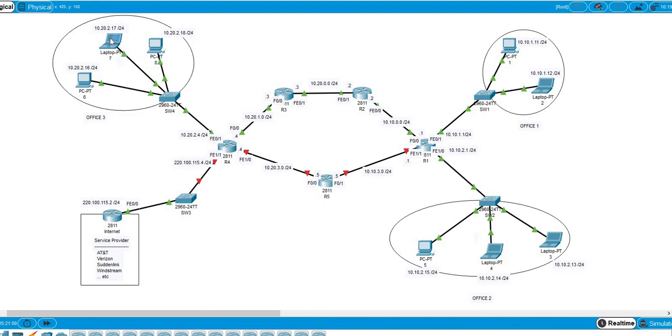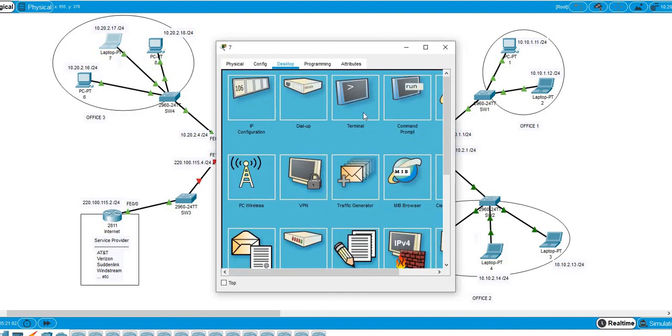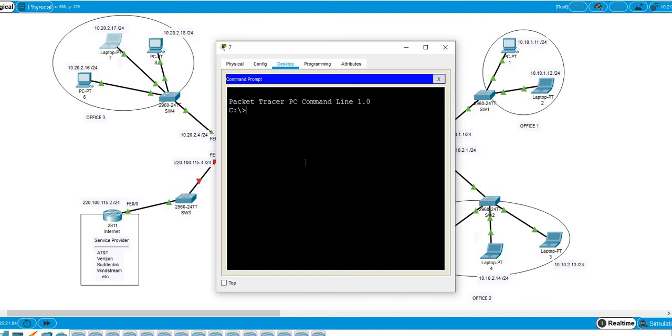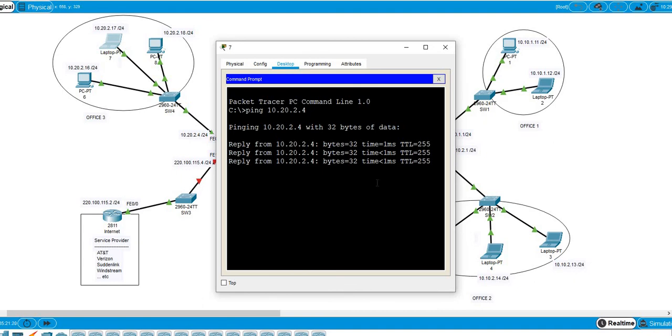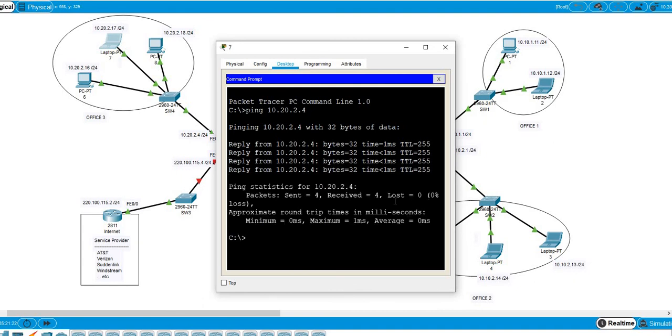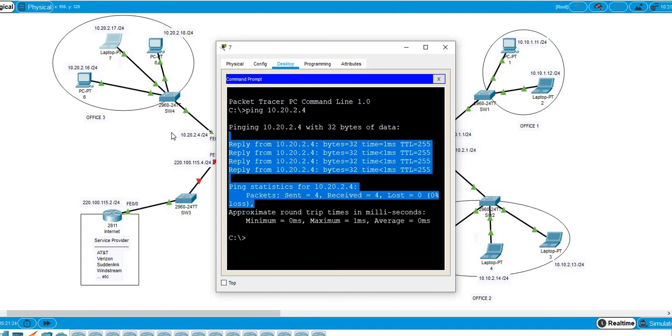Let's verify that. Laptop 7, command prompt. Let's try to ping the gateway IP address 10.20.2.4. Should be successful. There we go. See, it was 100% successful.